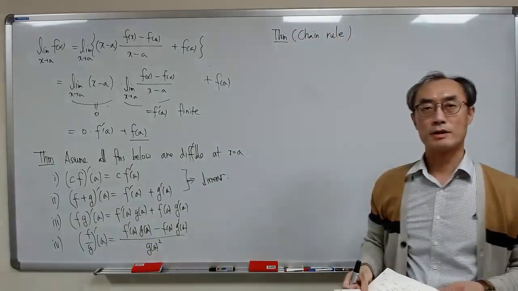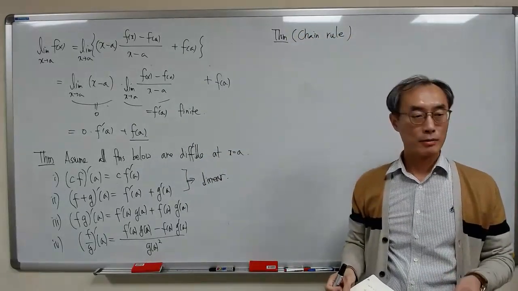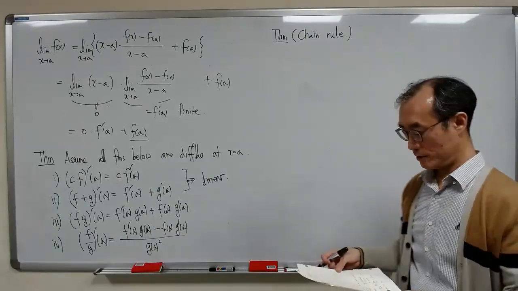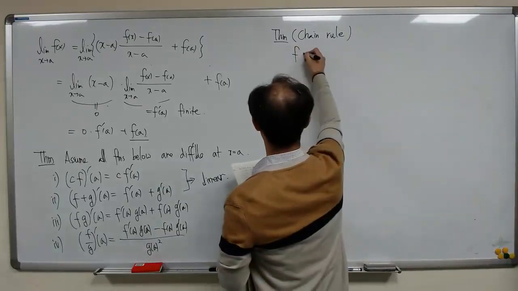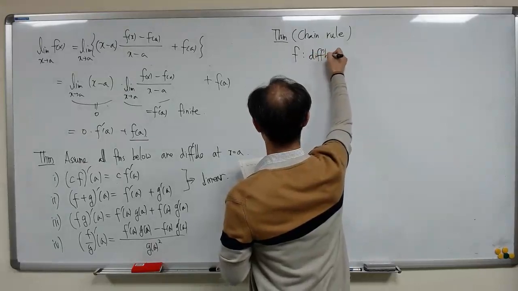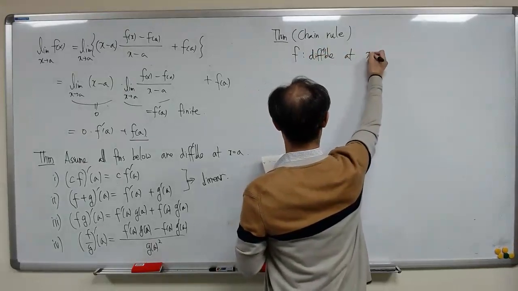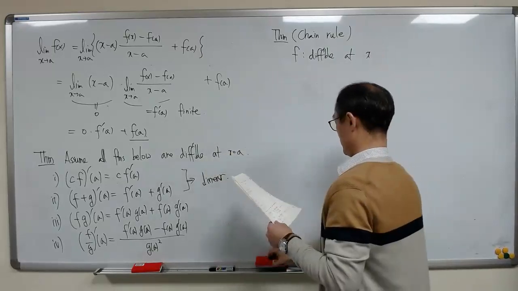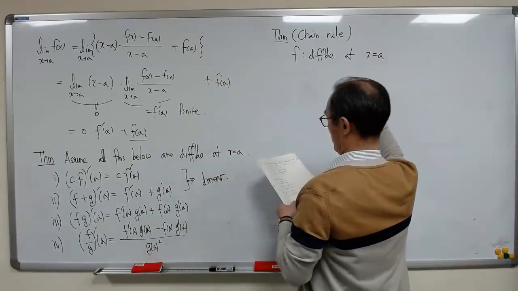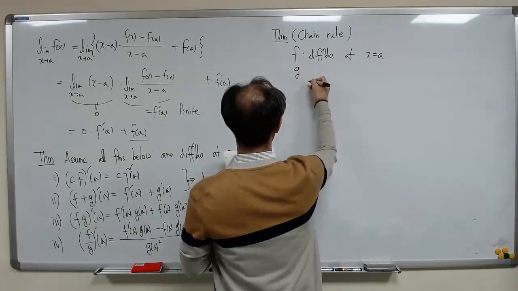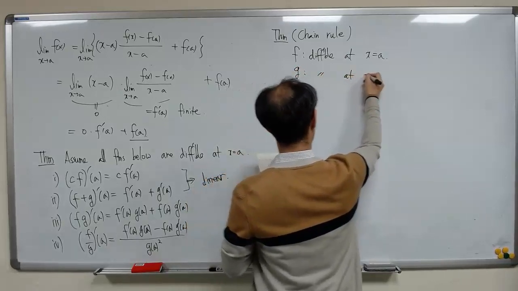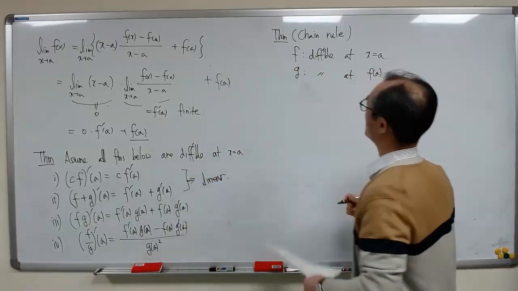The chain rule is the way to take the derivative of a composite function, the composition of two functions. Let's say f is differentiable at x equals a. And there's another function, g. This function is differentiable at f of a.